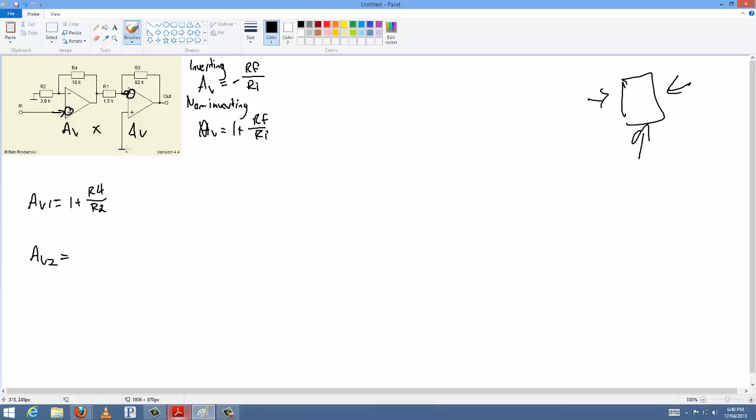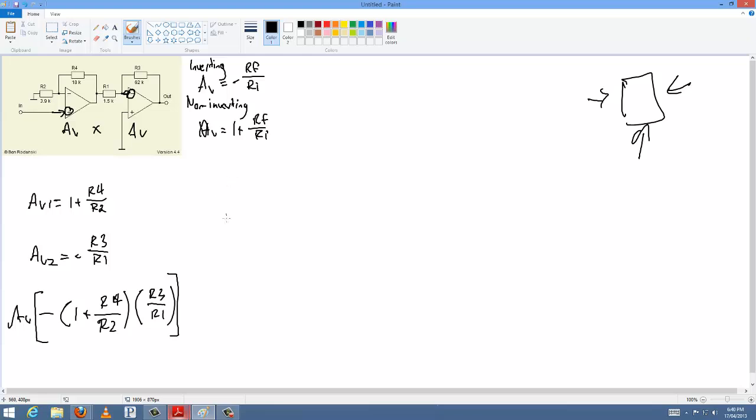Positive's going to ground, whatever way you want to see it. It'll be negative R3 on R1, so that'll be 1 plus R4 on R2 times negative R3 on R1, bring the negative out front. And that's your overall gain right there, nice and simple.